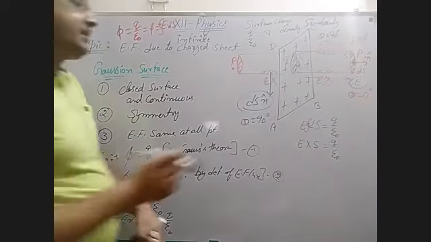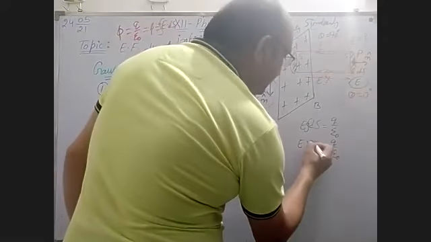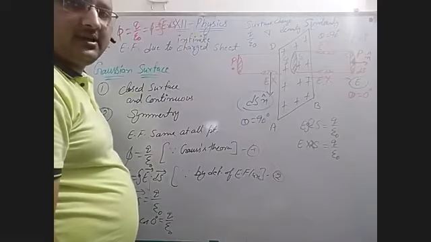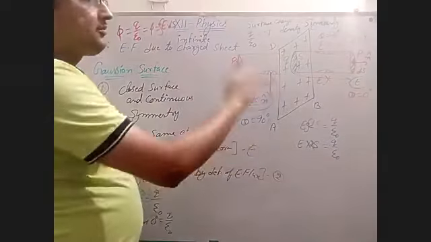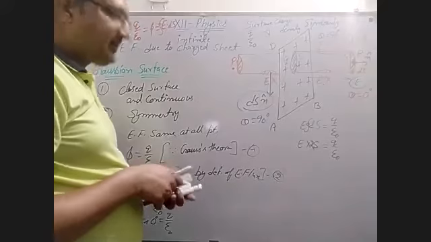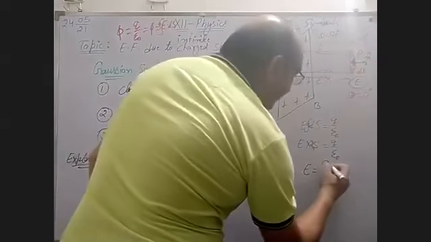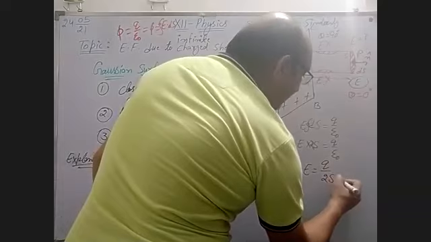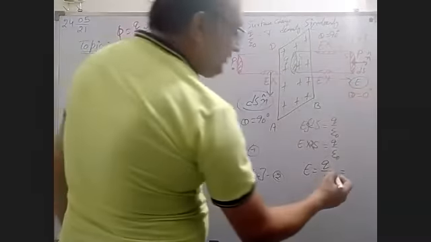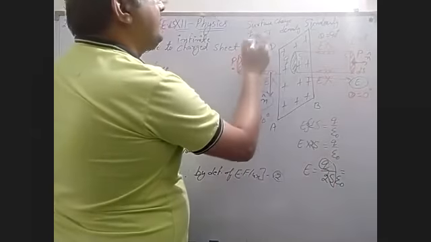Okay, but if we are taking this surface also, then we have to multiply this surface by 2, because on both sides this charge is contained by this sheet. Now E is equal to Q by 2S epsilon naught. Now what is the value of Q by S?